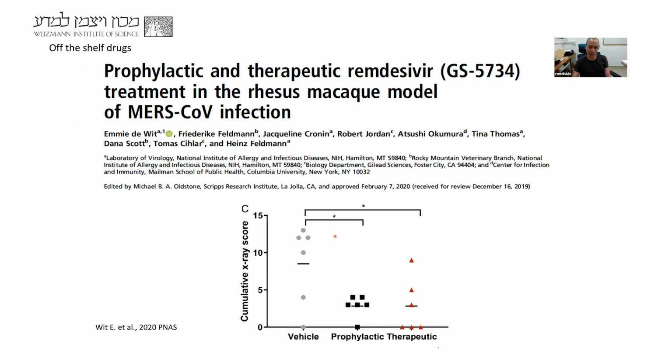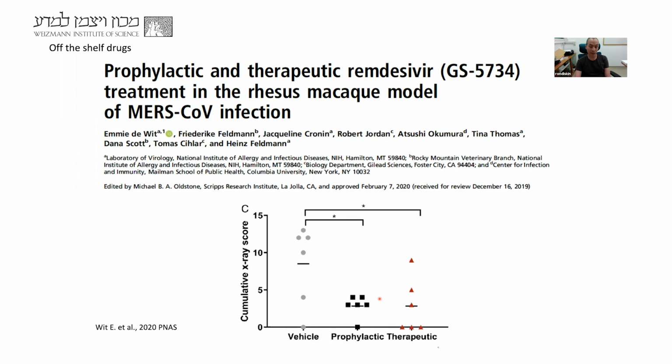And here you can see that there is actually a benefit of using this particular drug, both for treating monkeys that were infected with MERS, and also to prevent infection when this drug was given in a prophylactic manner, meaning before the actual infection.